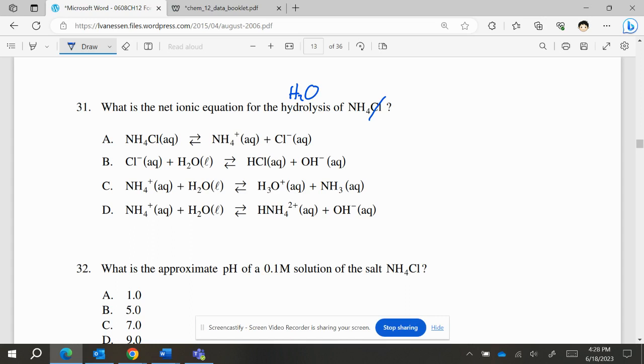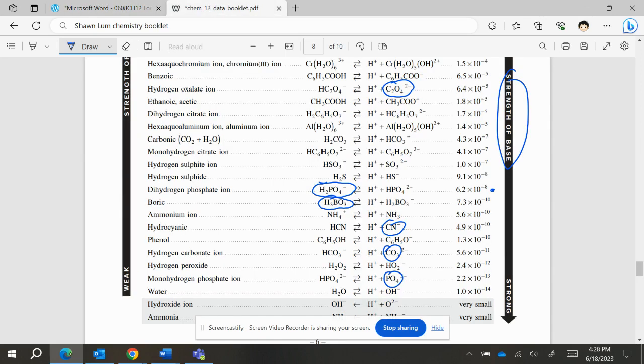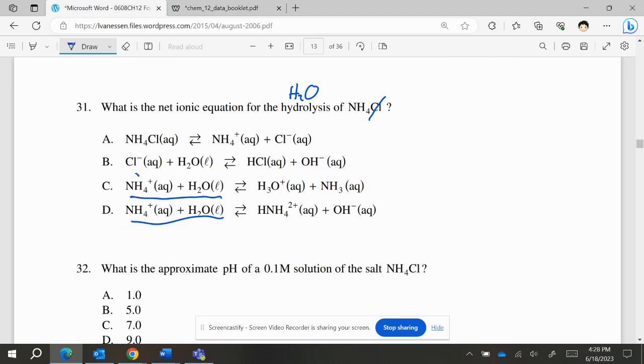So we know it's going to be either this one or this one. If we look at our table, it actually tells us this. Let's look up NH4+. It turns into H+ or H3O+ and NH3. That's my answer.